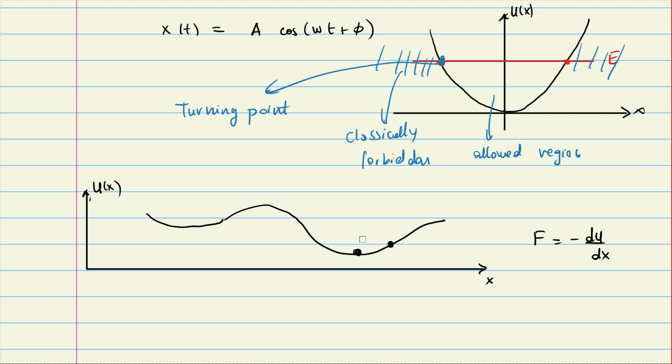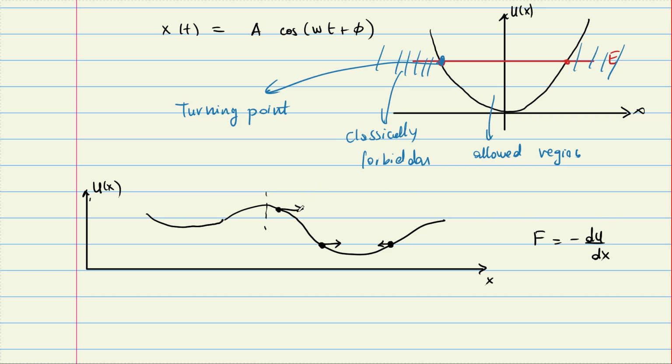If my particle is, for example, here, what is the direction of force based on this? To the right or to the left? To the left, right? And if I put my particle here, similarly, the force minus dU/dx is plus. A positive force is going to be to the right. Or if I put my particle here, there's a peak here. And if I calculate dU/dx, this is negative, and there's an overall minus, so it is plus.